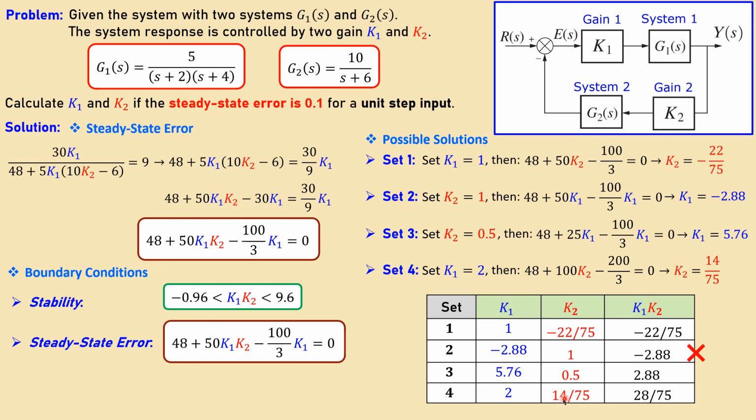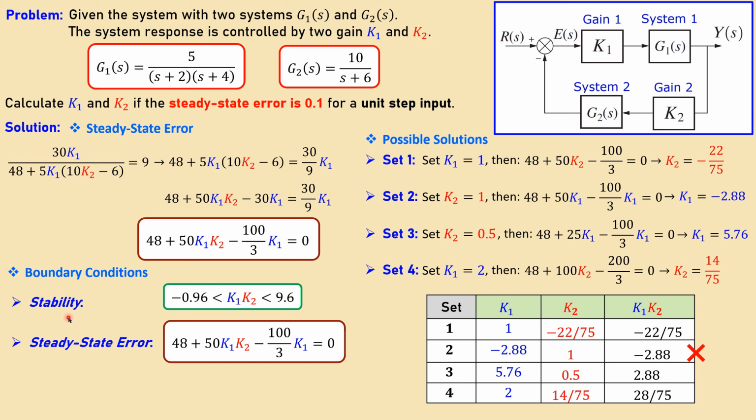Another one is 2 times 14 over 75, so you will get 28 over 75. So 28 over 75 is close to 0.373, a little bit larger, and that is again larger than that one but smaller than that one. So again, sets 1, 3 and 4 do satisfy the conditions for our boundary.